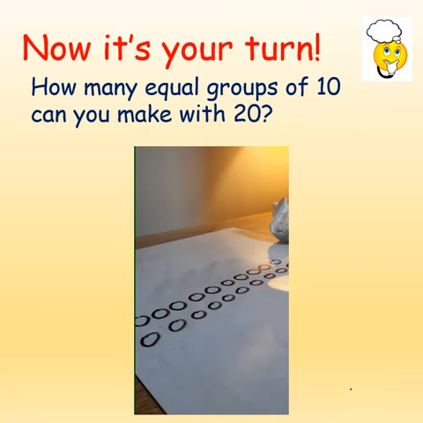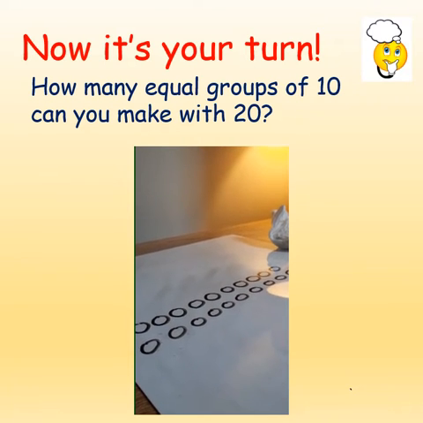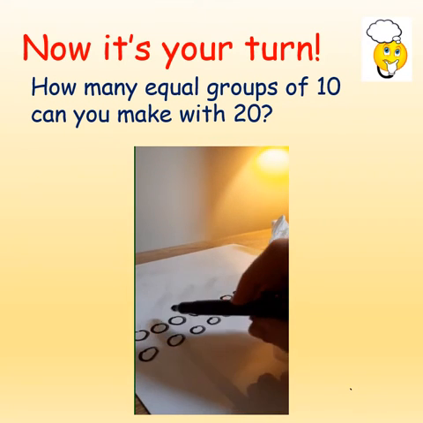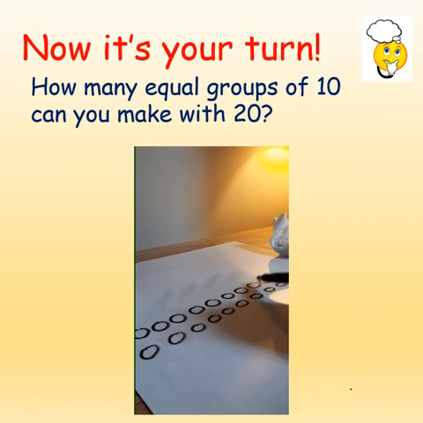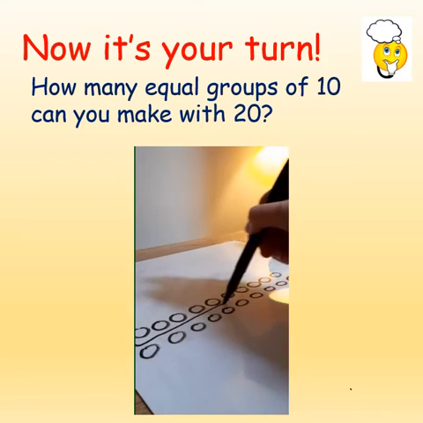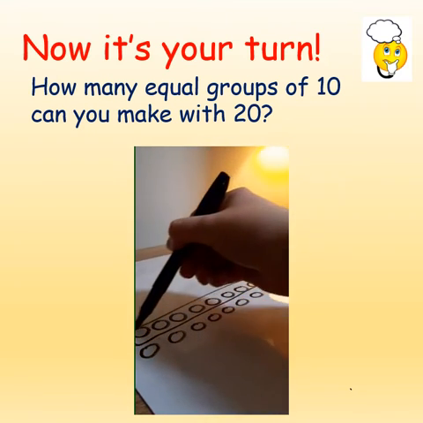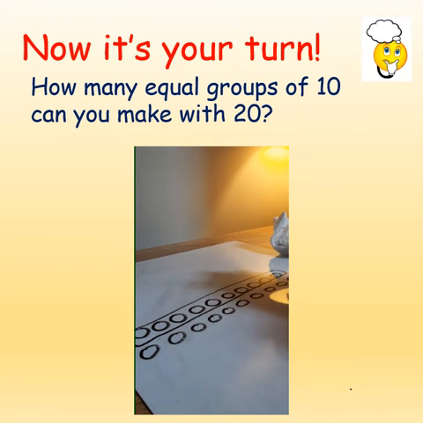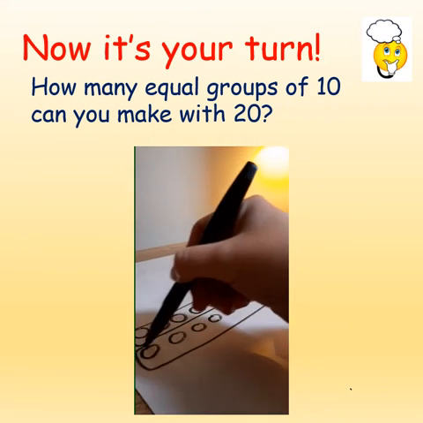And I wanted to know how many groups of 10 I can make with 20. So I need to draw a group around 10. 1, 2, 3, 4, 5, 6, 7, 8, 9, 10. So I need a big group around that 10. And then 1, 2, 3, 4, 5, 6, 7, 8, 9, 10. Another big group out of that 10.